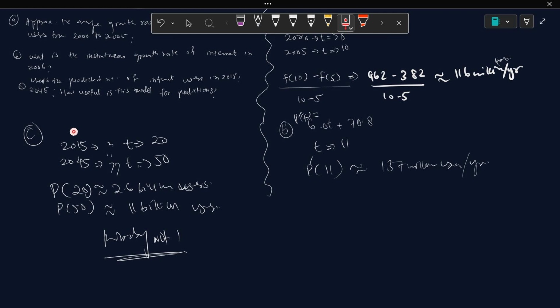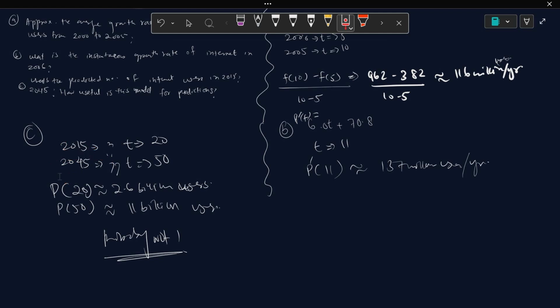However, for 2045, for t equals 50, we can say that the predictions are very unreliable because it is far outside the model's data interval. 2045 is 34 years after 2011, and that is gonna be a large extrapolation, so that doesn't make so much sense. Okay, so it might be realistic for this one, but for this one probably not.